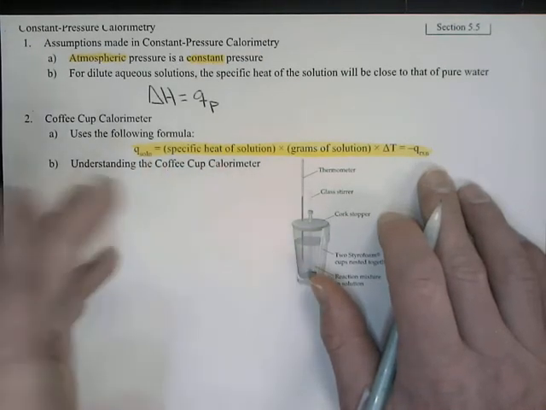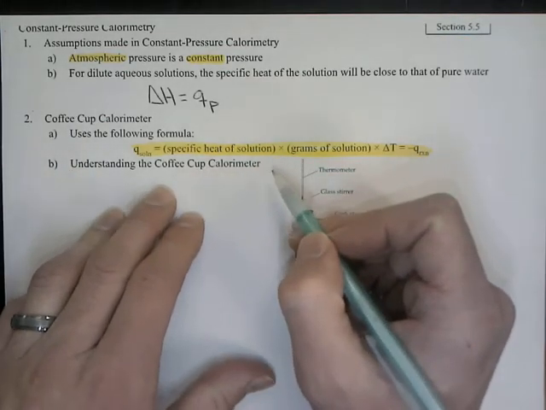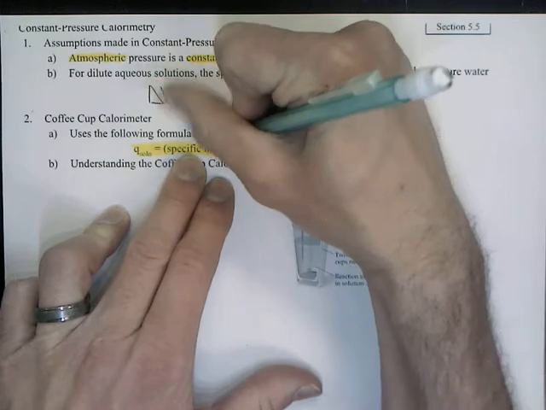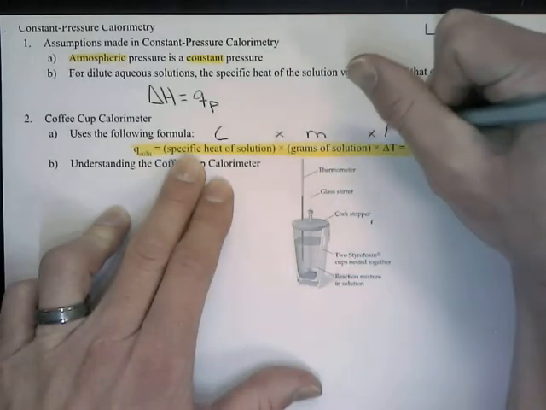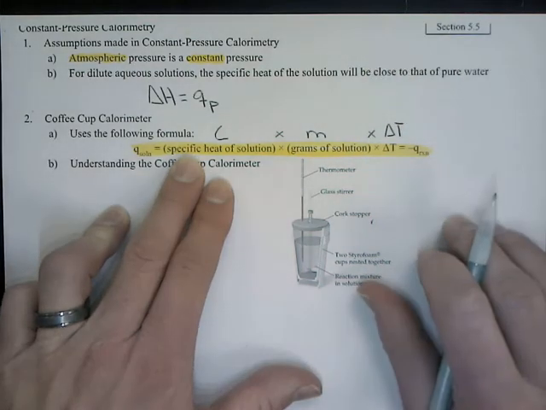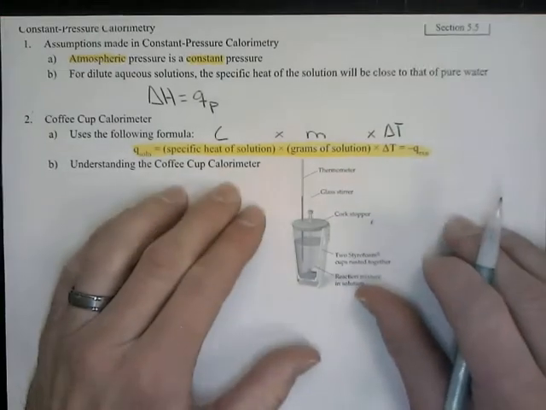Now, a couple of other things to work through. This formula here is C times M times delta T. If you're thinking to yourself, hey, that looks really familiar, it should, because we just solved the problem.